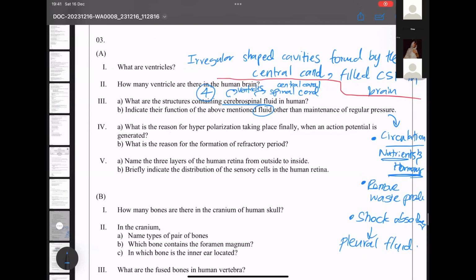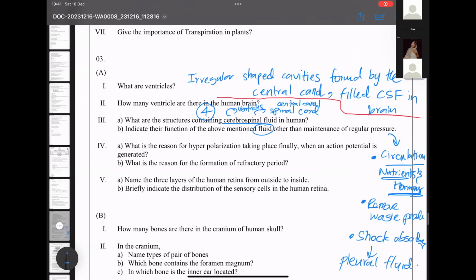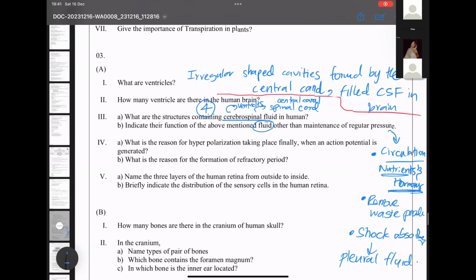Okay. Then next, these 3 A, 1, 2, 3. You can take a screenshot of the screen if you want. And feel free to ask any questions if you have any. You can ask by unmuting or by putting it in the chat box.